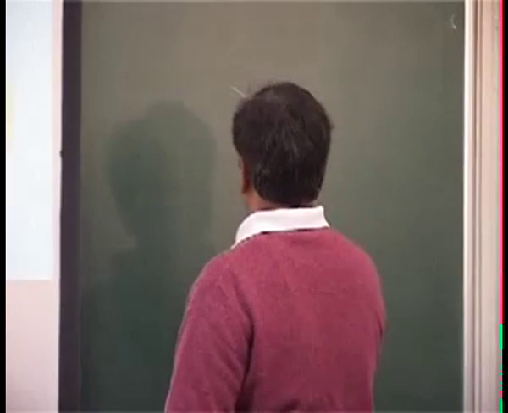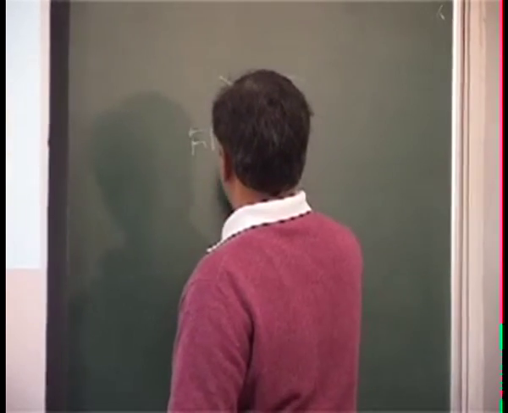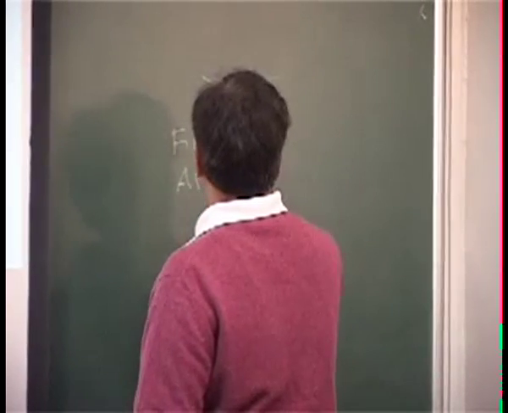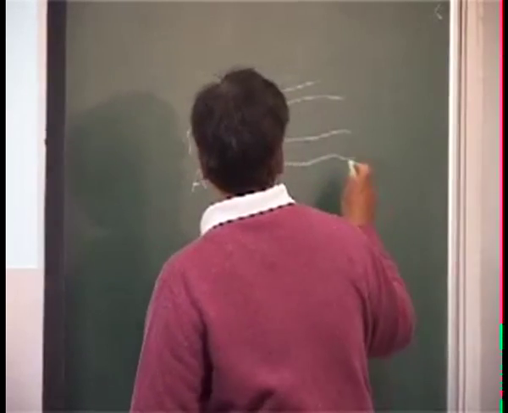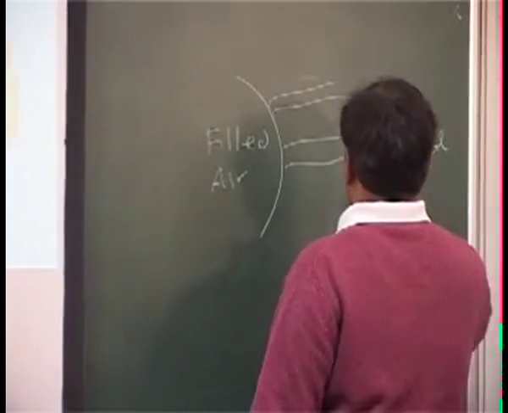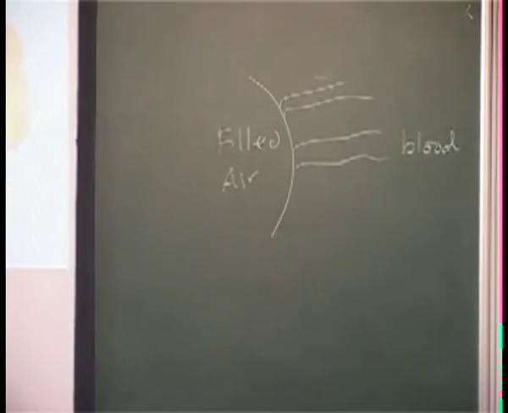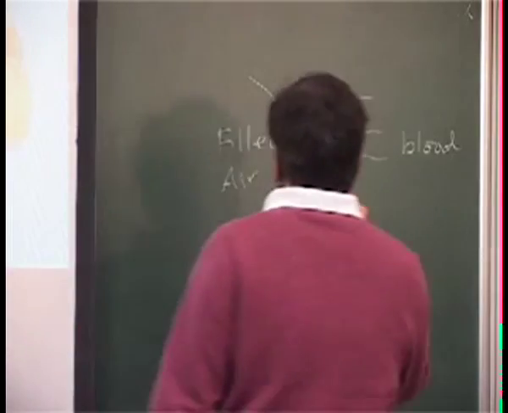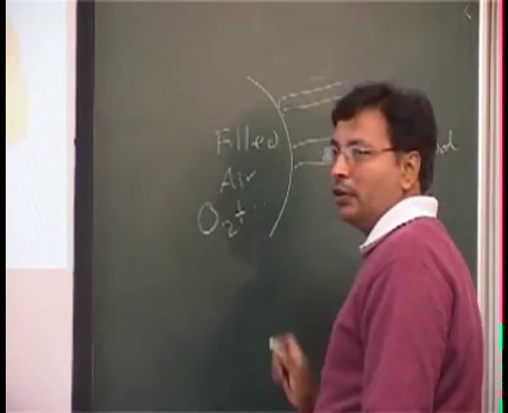If you have something like this filled with air, and this side is approximately your blood carrying, not the arteries, but blood vessels. So here you have the oxygen plus some pollutant or whatever.